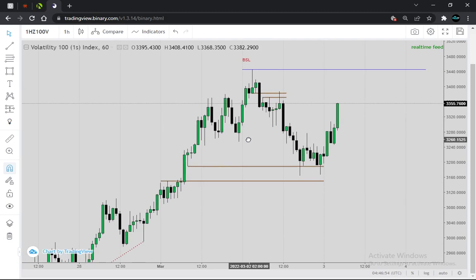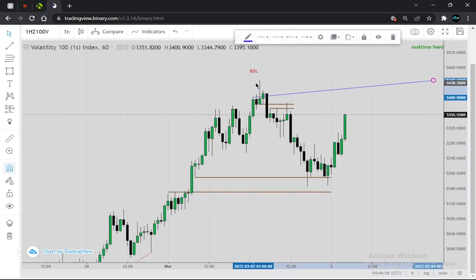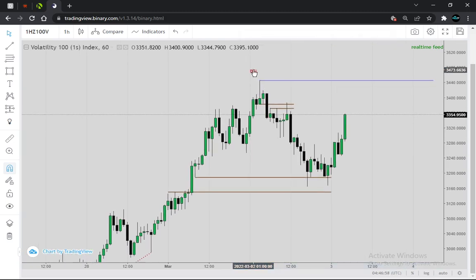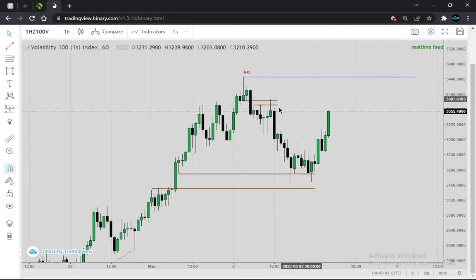So for me, if the bias is bullish, okay, let me talk this now. If the bias is bullish, I can have short-term sells in case this thing happens there. So do I hold trades?